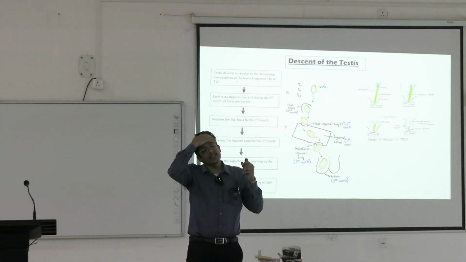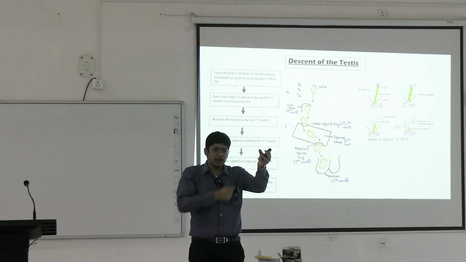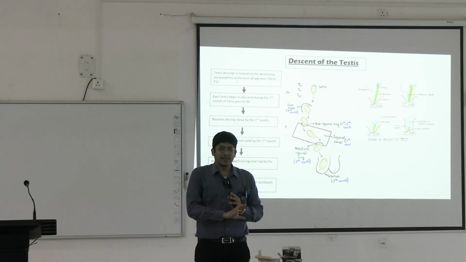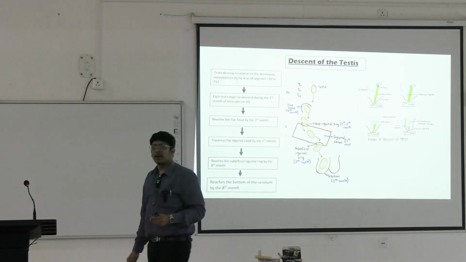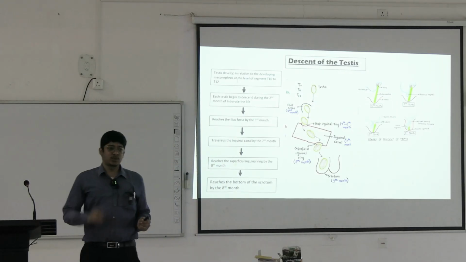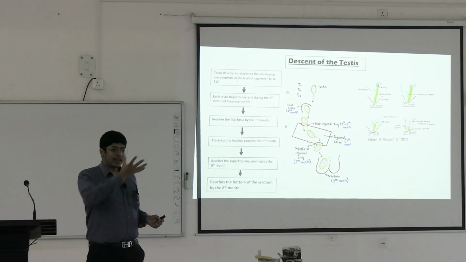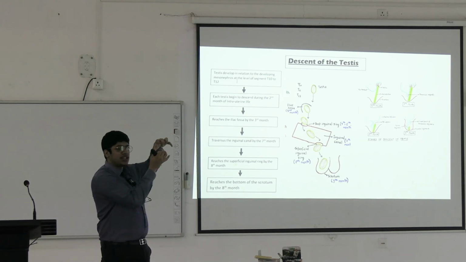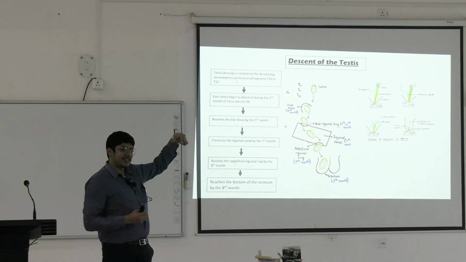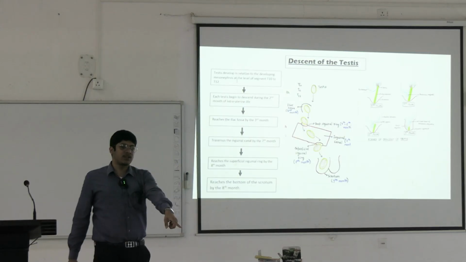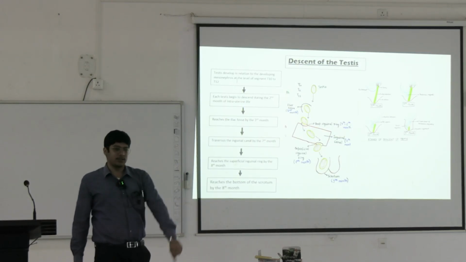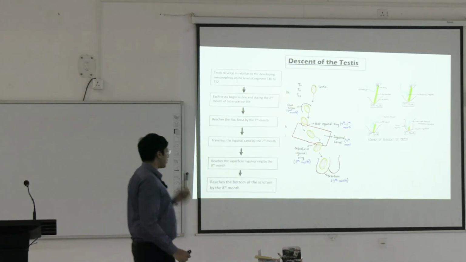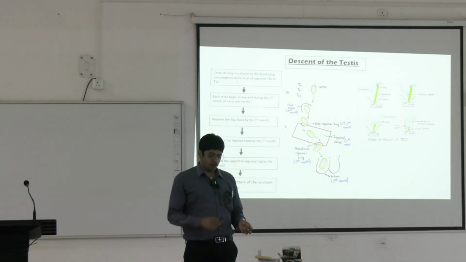The general consensus initially was that the gubernaculum pulls the testis down, but that is not the case. The gubernaculum basically guides the testis to its right position by gradual resorption. So, there is this rope, the rope gradually resorbs and the testis finds its way towards the deep ring, superficial ring and finally the scrotum by the pathway of the gubernaculum.